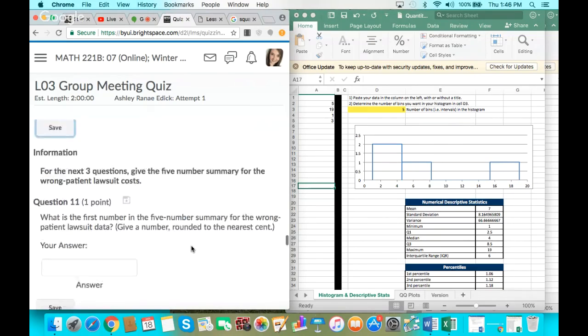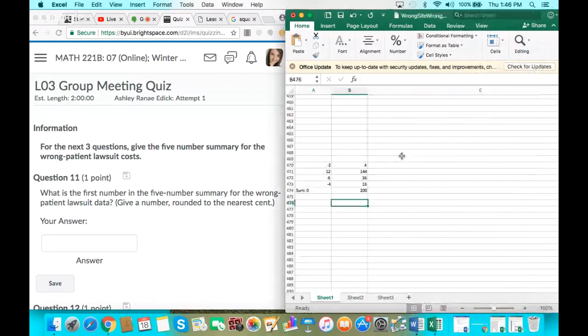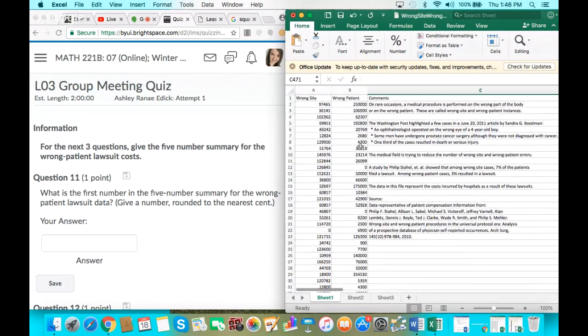For the next 3 questions, give the 5-number summary for the wrong patient lawsuit. Let me minimize that and just delete those. Okay, wrong patient. What is the first number in the 5-number summary for the wrong patient lawsuit?